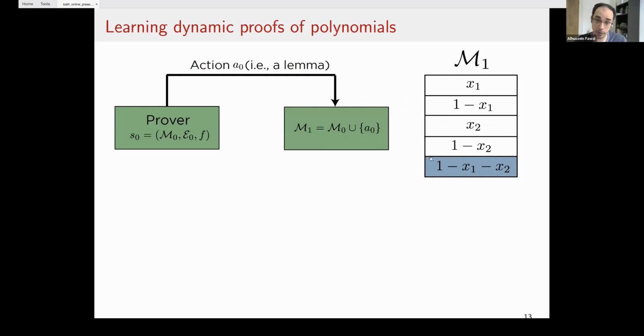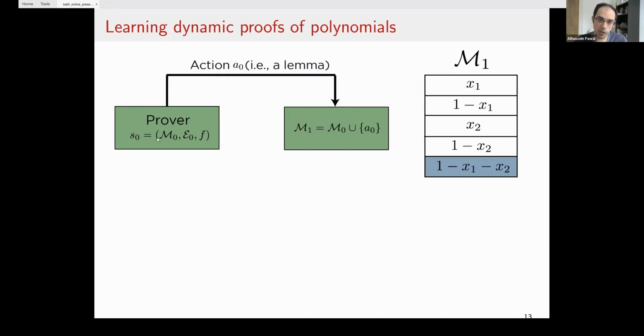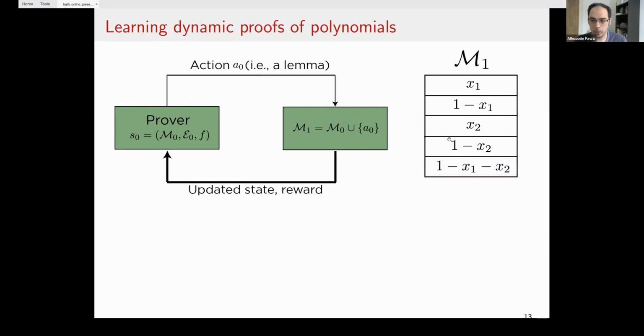That's what the environment is doing, and then it gives a reward. So you start with an action, you add it to the memory, and you get some reward. Then you do several iterations of this, and that's what we call the episode length.